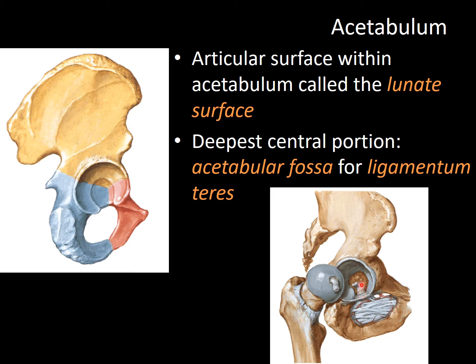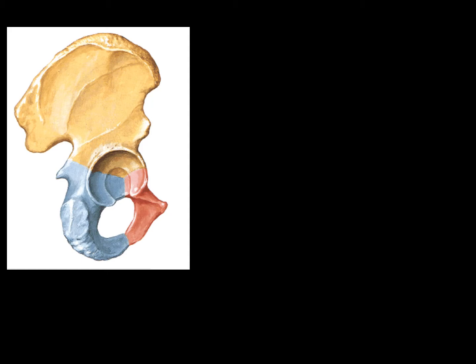And ligamentum teres comes up out of that acetabular fossa from this soft tissue feature here, and then will eventually go into the head of the femur and bring a nerve and an artery with it. So that ligamentum teres connects the head of the femur itself within that acetabular fossa, and the iliofemoral ligament is the one that cups the whole joint outside. So here's some arrows for the ligamentum teres.